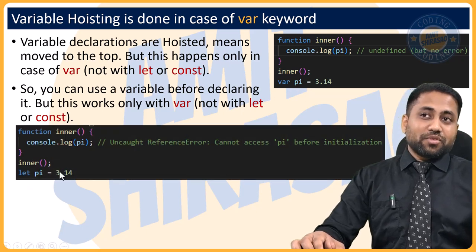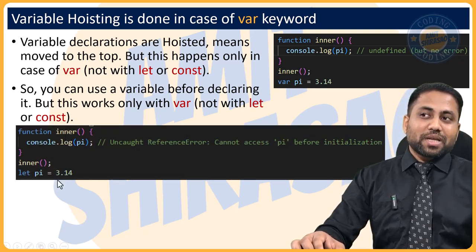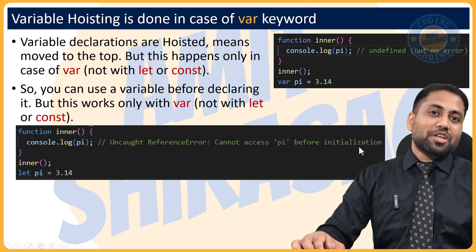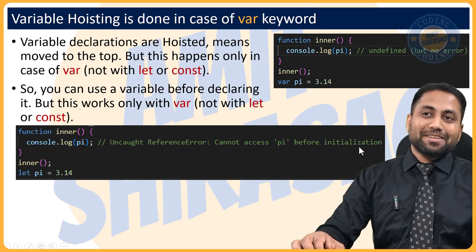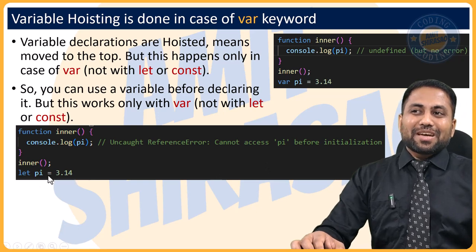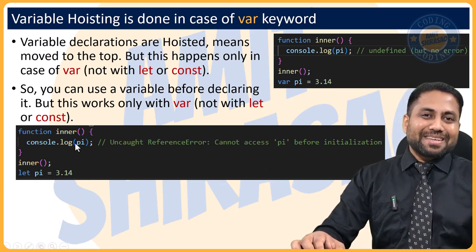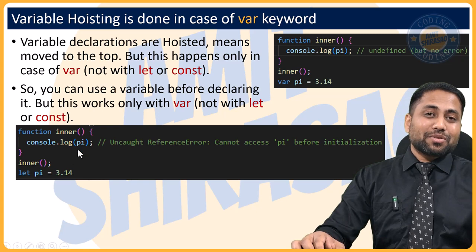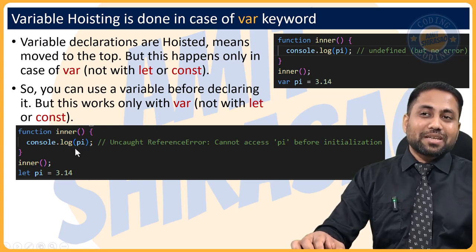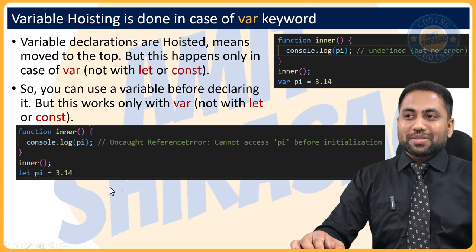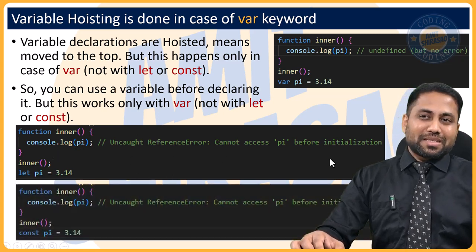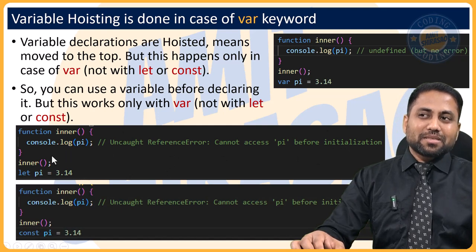But if you use the let keyword over here, then what will happen? It will throw an exception. It will say cannot access pi before initialization. You cannot use it before initialization. So you first declare it, and then only you'll be able to use it. Although here it says initialization, what it basically means is you did not declare or define it.